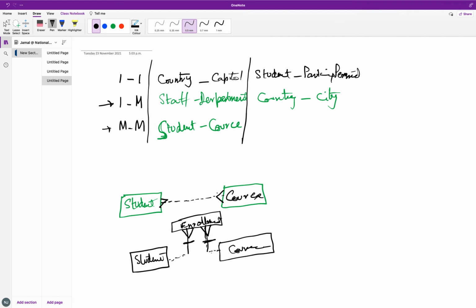Otherwise the same. And this bar, can anyone tell what it means, that bar from this side? Can anyone tell? Yeah. One entity's primary key is the other one's attribute.